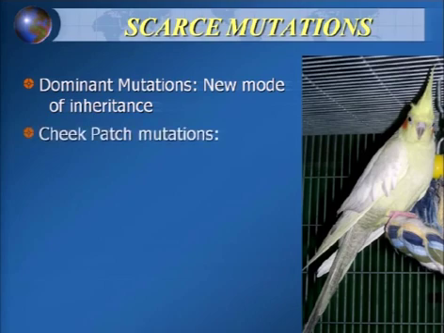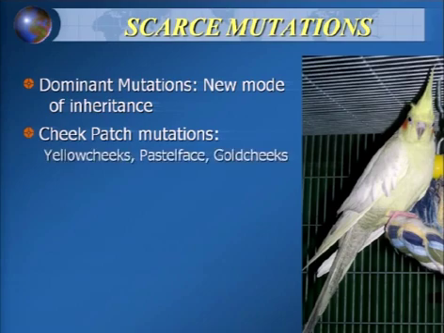But keep in mind, there's more than one type of dominance. The cheek patch mutations came along, and we got a couple of them, yellow cheeks and different modes of inheritance, pastel face and gold cheeks, which have caused some excitement in the fancy, and they're being bred in various forms.